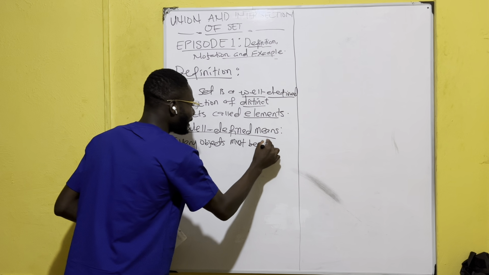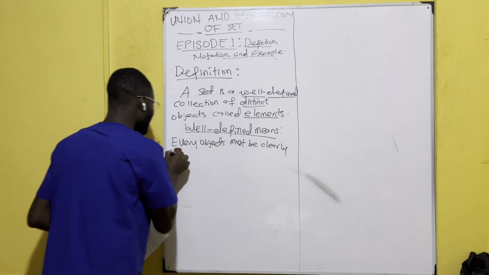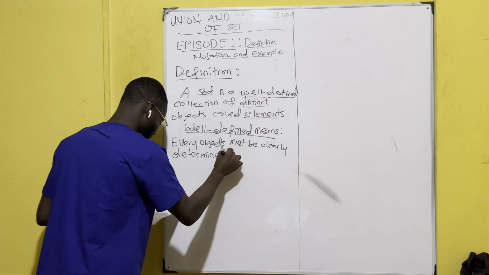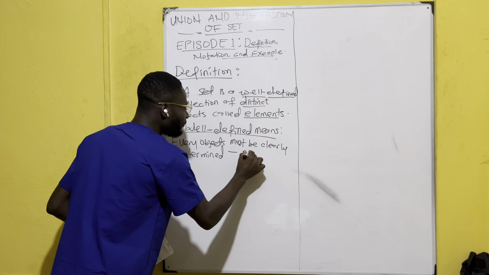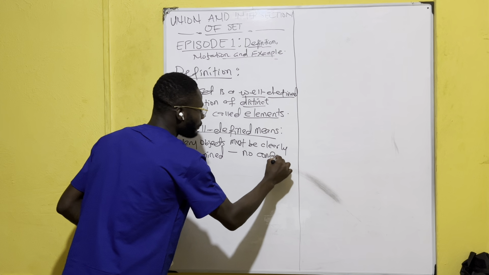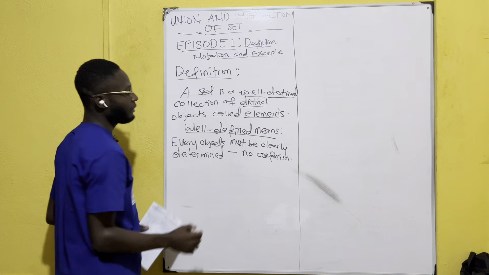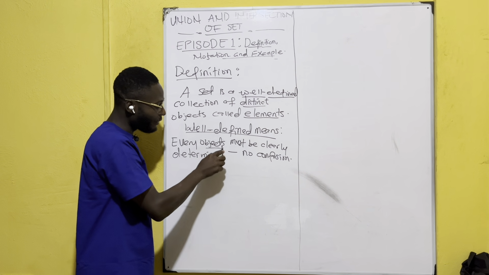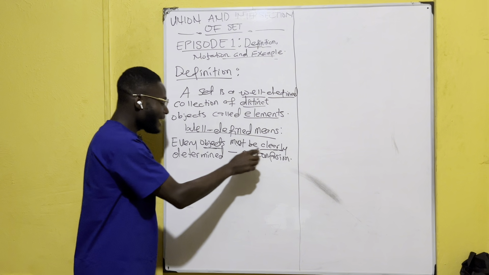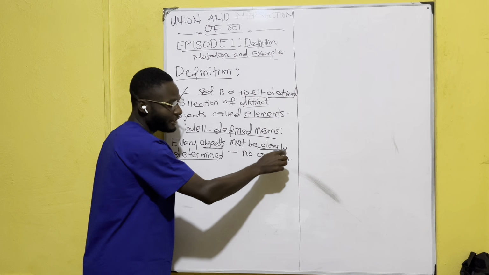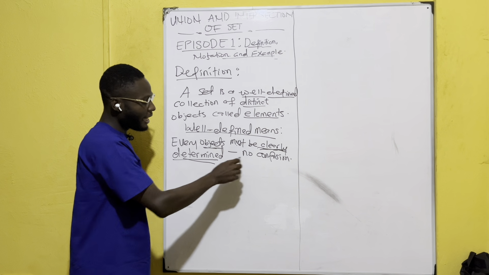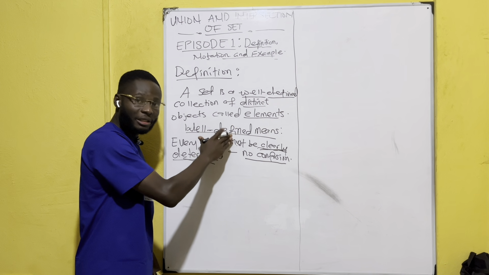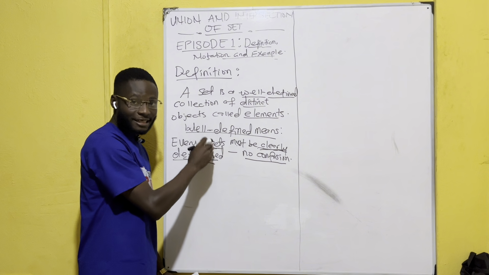The underlined words here are clearly determined and no confusion. So these are the preliminaries of sets.